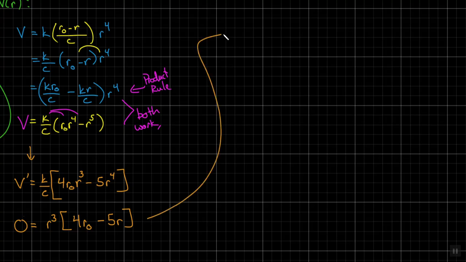Can you tell me either of the critical values? And I'm going to physically write it, crit val. So r equals 0 there from this, right? Because r cubed equals 0. R must be 0. This one's a little bit uglier. To solve for r, and I'm going to actually show the scratch work just in case, 4r naught minus 5r, I think most of you can probably solve it in your head, is my guess.